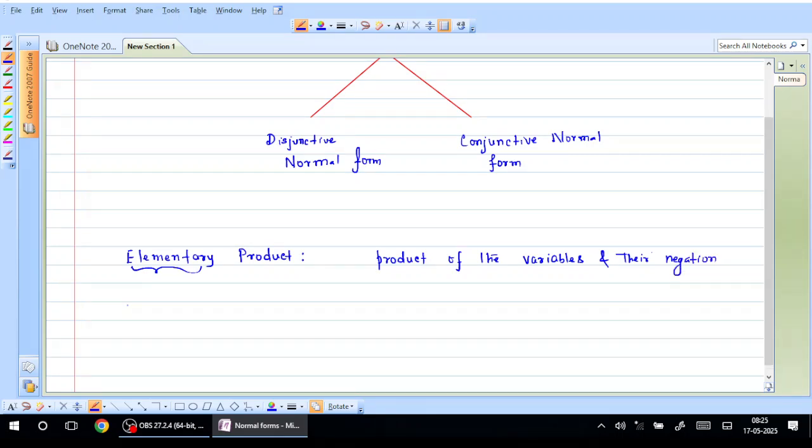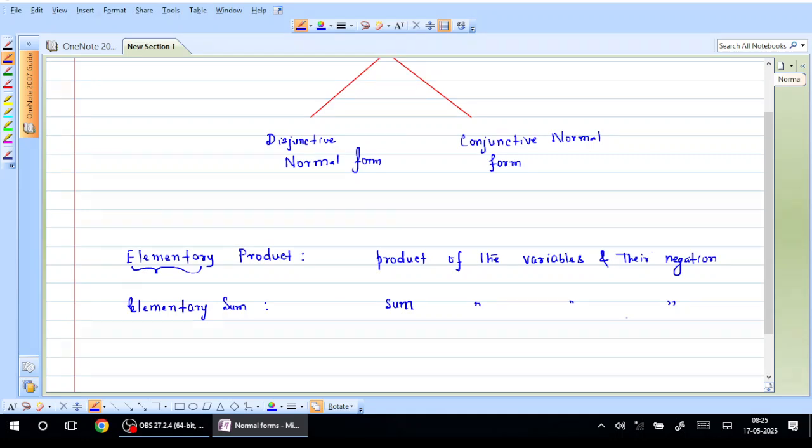Similarly, if I say elementary sum, then it means the sum of the variables and their negation.